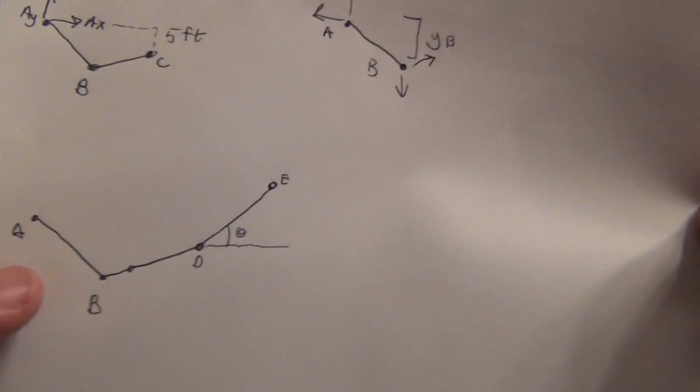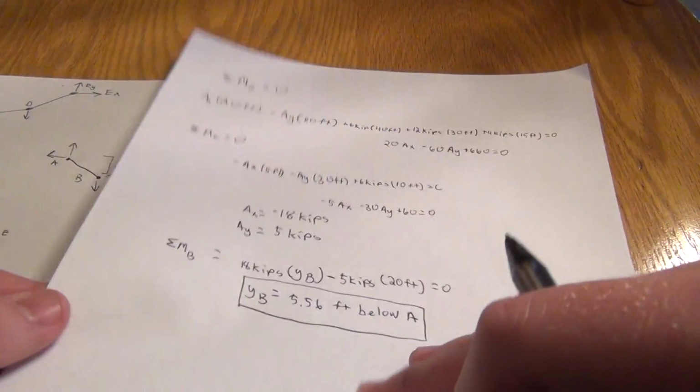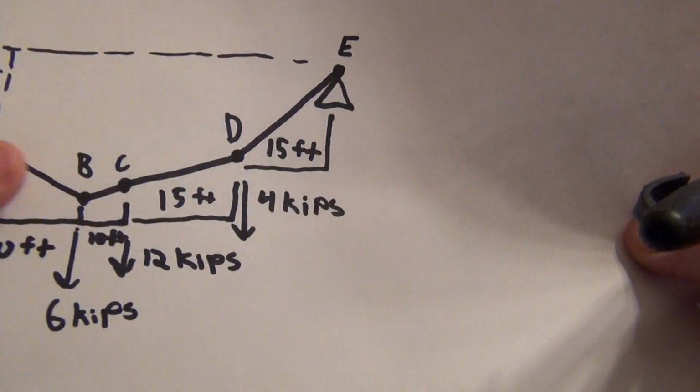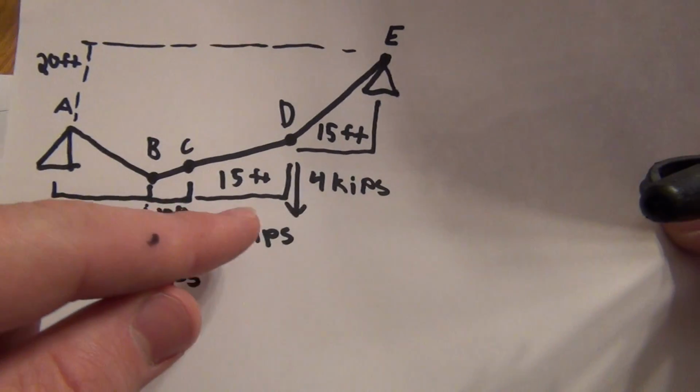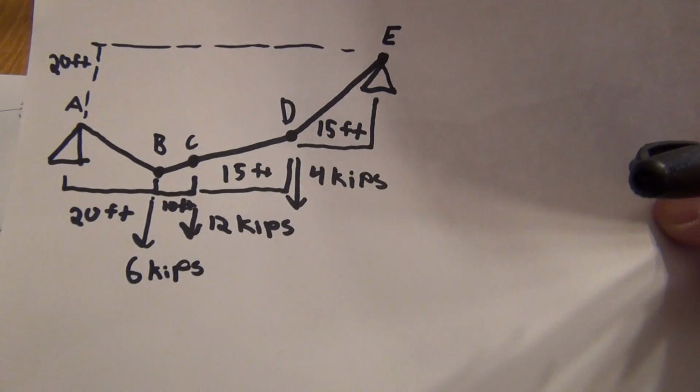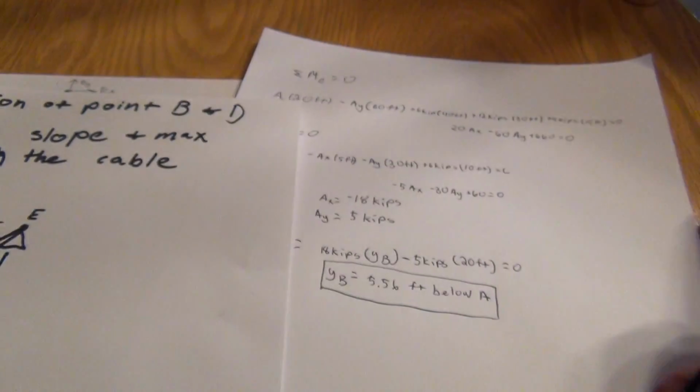Looking back at our other free body diagram, equations, we see some measurements and some forces. These measurements are going to be key to finding our moment around D. So let's get down to it.